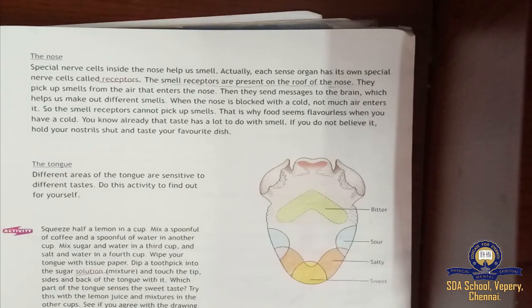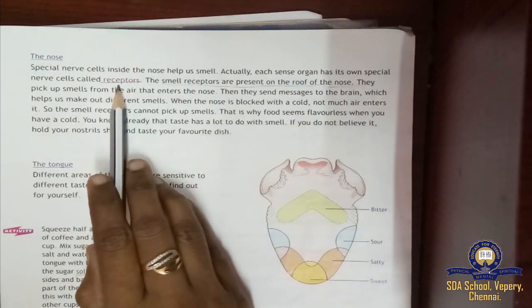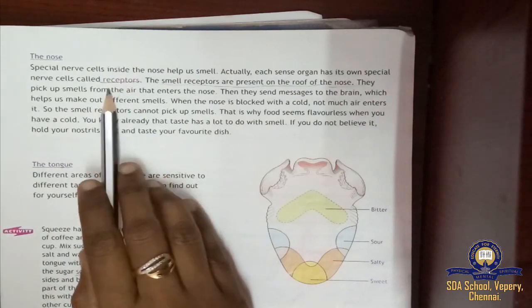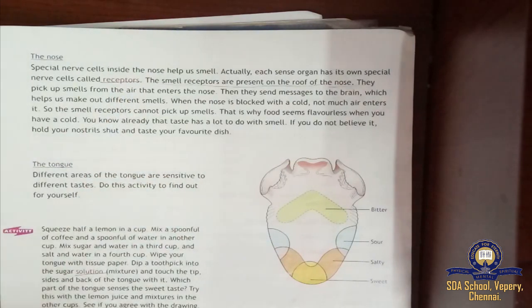What did we see? Each sense organ has its own sensory nerve, special nerve cells called receptors, R-E-C-E-P-T-O-R-S. We saw that they are present at the roof of the nose.